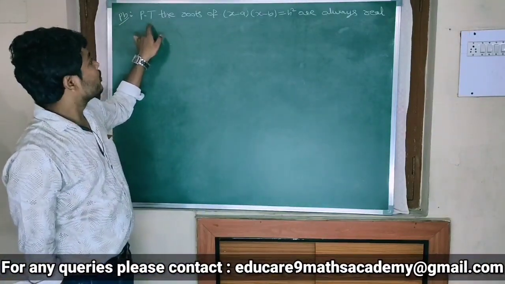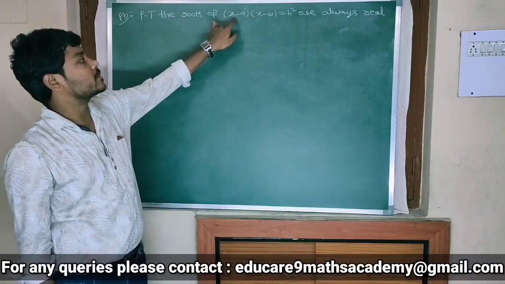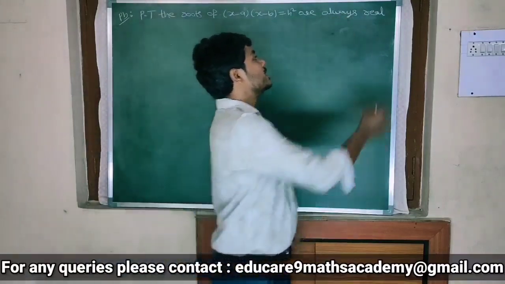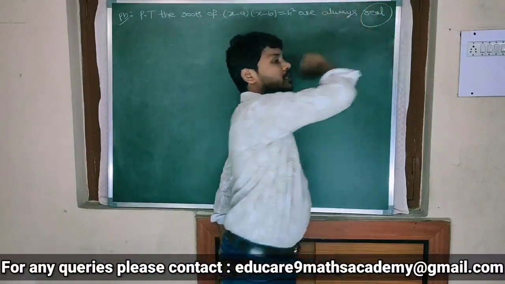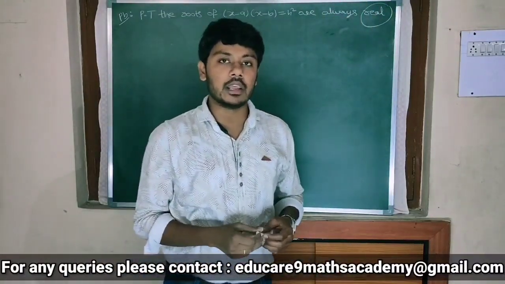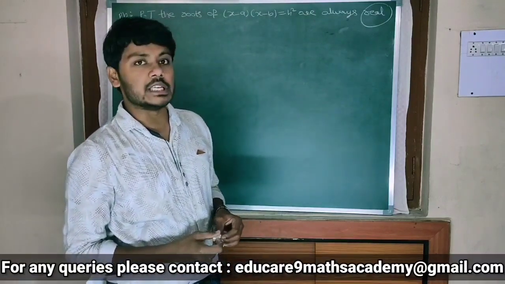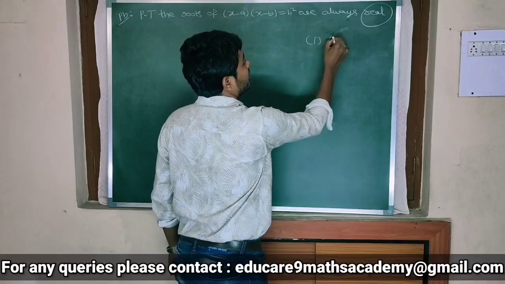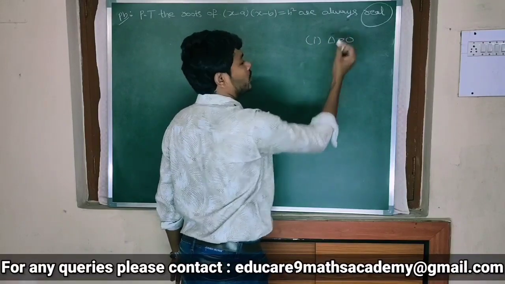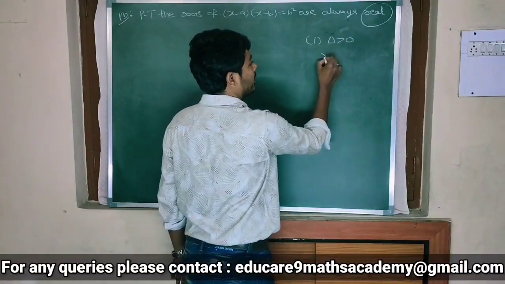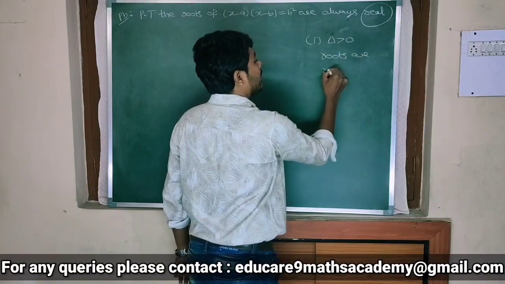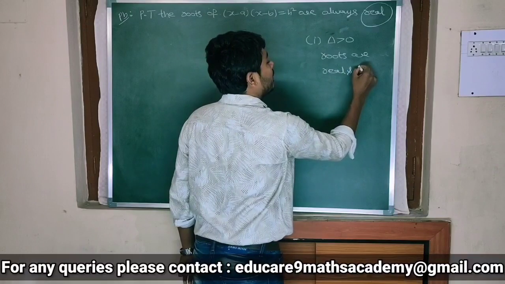Next problem. Prove that the roots of (x minus a) into (x minus b) equal to h square are always real. So here roots are real. So from the nature of the roots, what is the first condition? If delta is greater than 0, then roots are real and distinct.